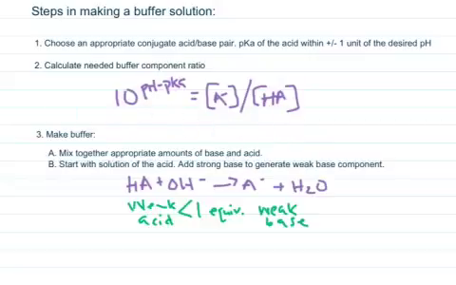Now to make a buffer, you need to mix together appropriate amounts of the base and acid. You're going to start with a solution of the weak acid and add a strong base, maybe like sodium hydroxide, to generate a weak base component. Remember, the weak acid needs to be within plus or minus 1 equivalence of the weak base.